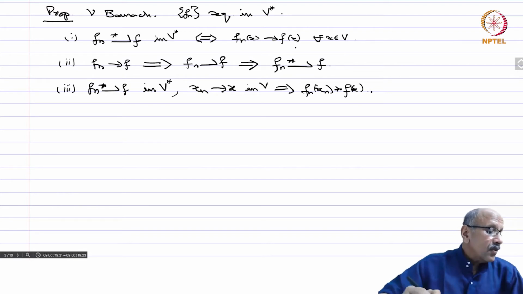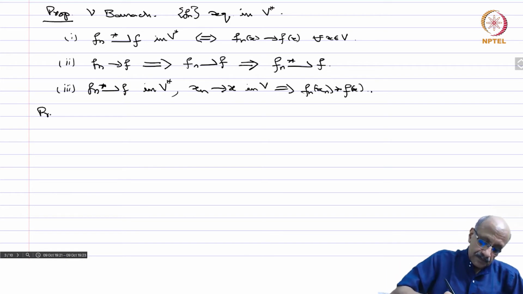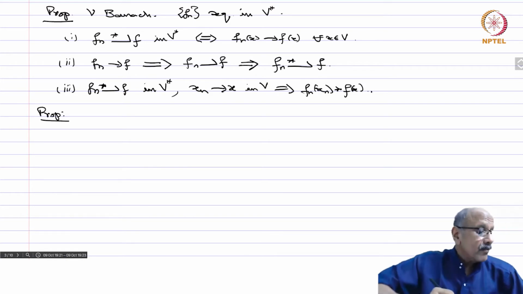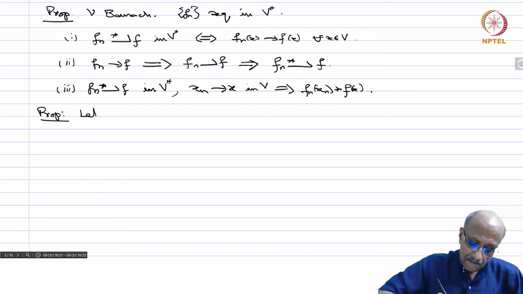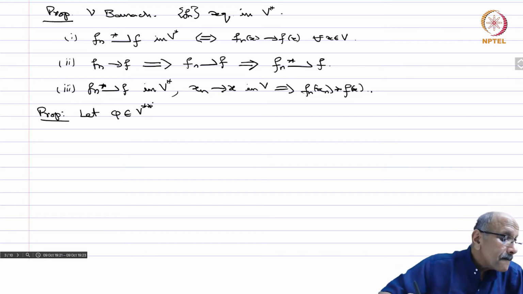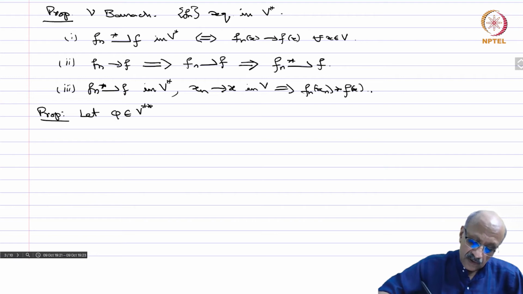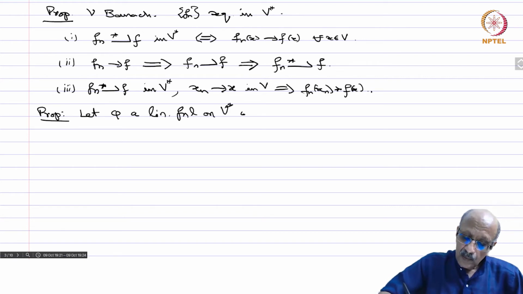Okay, so now a proposition. Let phi, not in V double star, sorry, phi a linear functional on V star, let phi be a linear functional which is weak star continuous.